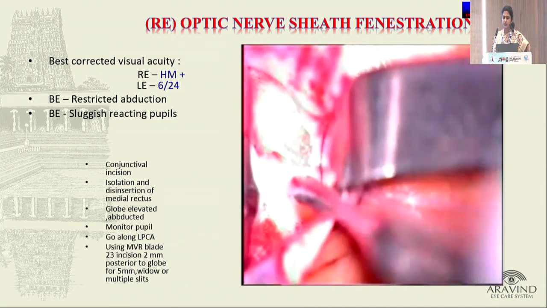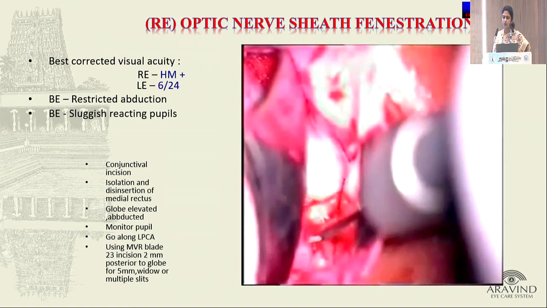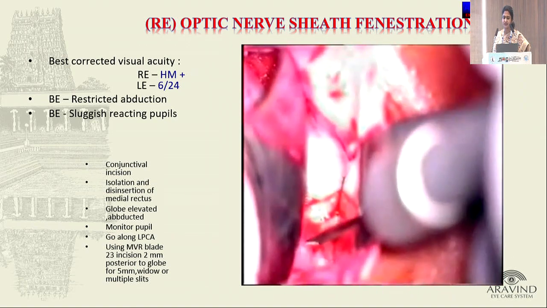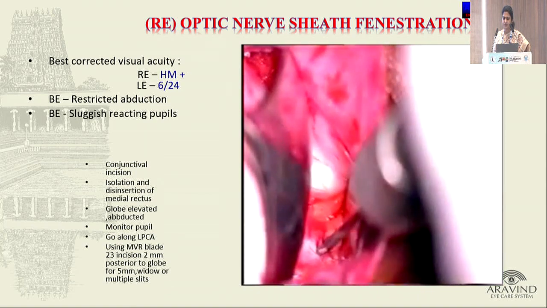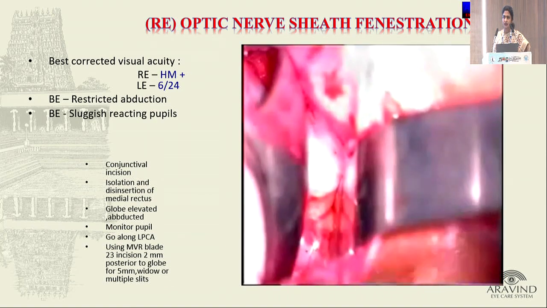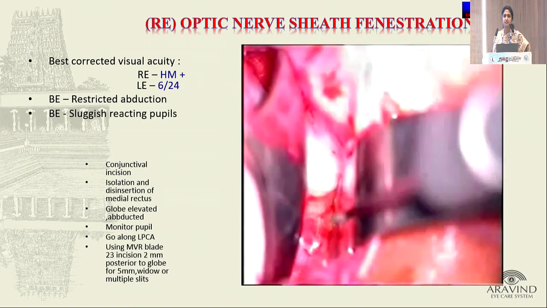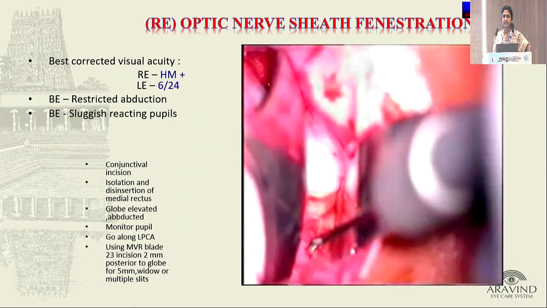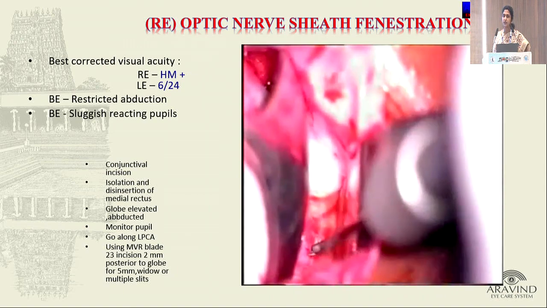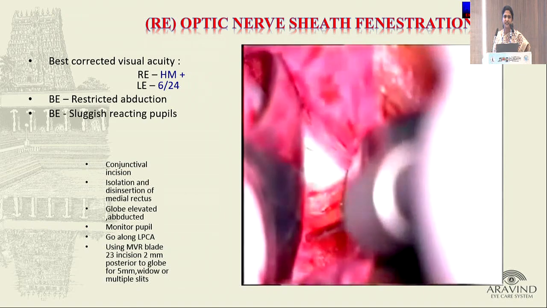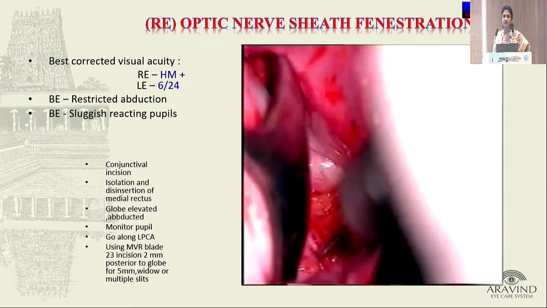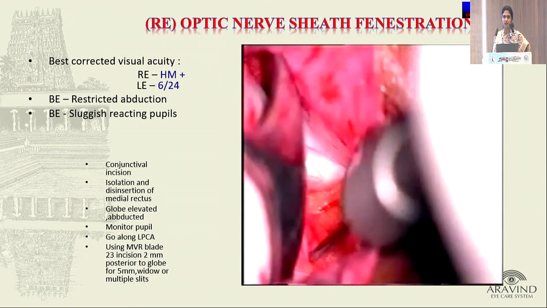Make a nick on the optic nerve sheath carefully, and you can see the gush of CSF, and you can make multiple nicks in order to create a window. You can use a scissors. It's easily said but can never be achieved very easily, so I try to do the multiple nicks and connect them all.